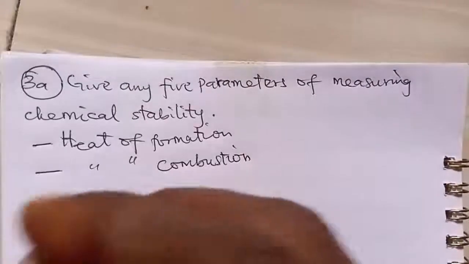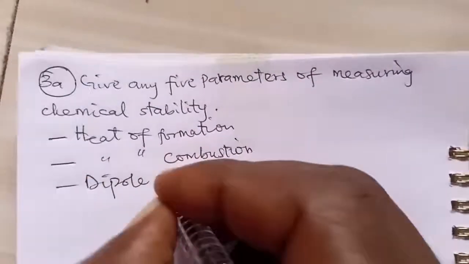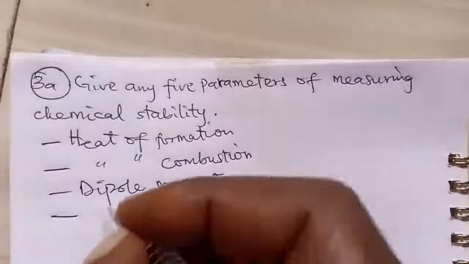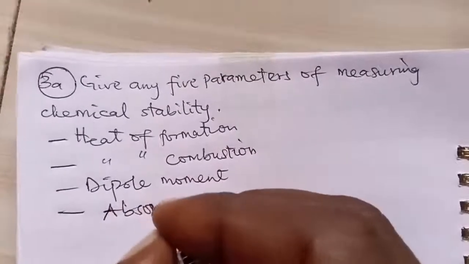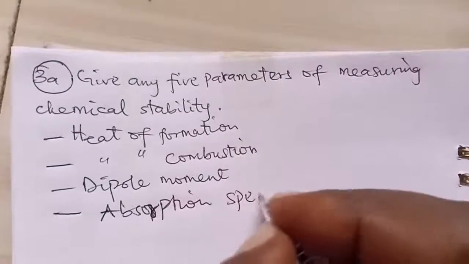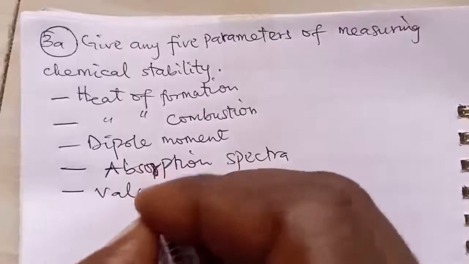Another one is dipole moment. Another one is absorption spectra. Then the other one is valence bond angle.